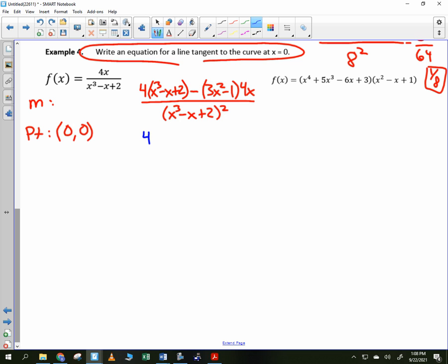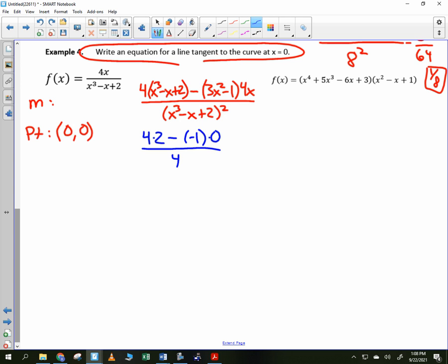In the top, I'm going to have 4 times what? 2 minus -1 times 0. Everybody agree with that? Because I get -1 here, I get 0 there. Divided by, what do you get when you plug in 0 at the bottom? You get 2 squared, 4.